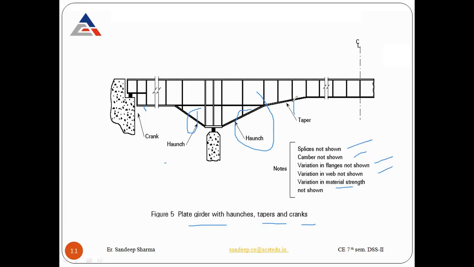This kind of tapered part of the plate girder can be made due to the haunches when you have to join with them. And this is basically supported by this pier at the middle. The RCC pier will be there.